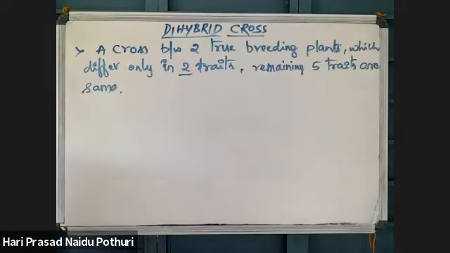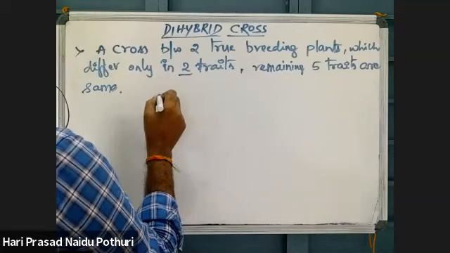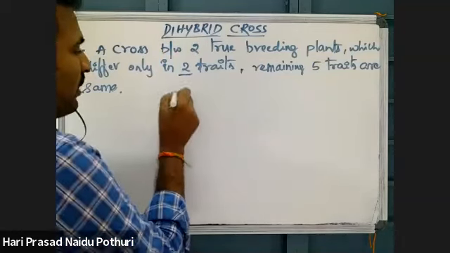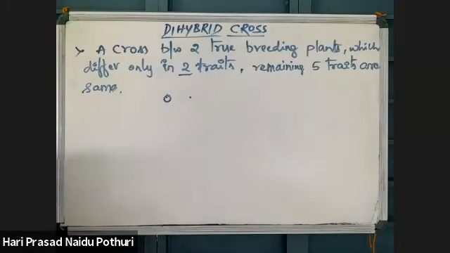A male parent and female parent are taken. These parents show difference in only 2 traits. Remaining 5 traits are same. Suppose two plants are taken, and suppose pod color and pod shape. Pod color: green is one, yellow is one.